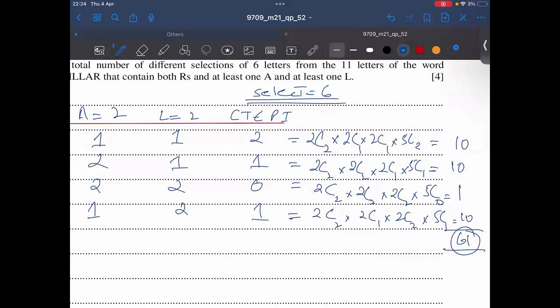This is going to be 10. 5 fours are 20 over 2, 10. This is going to be 5. This is going to be 5. Sir, so 2C1 isn't changing? And this is going to be 21.